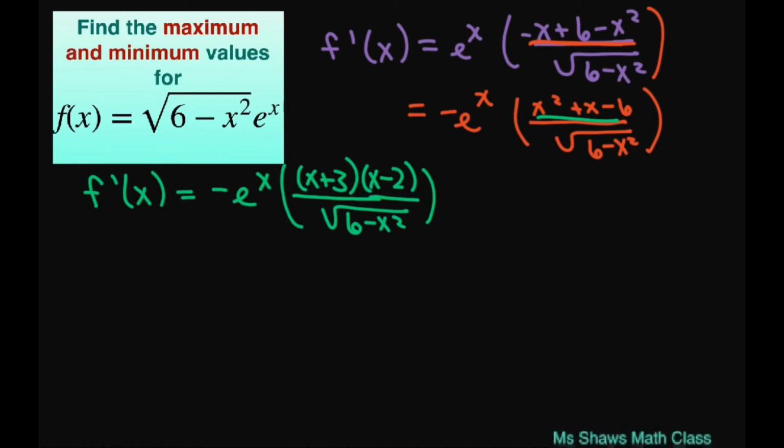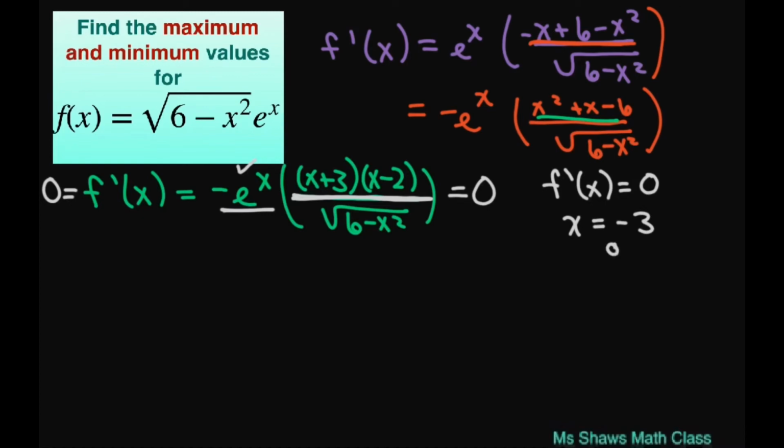Finally, all right, now we can set f prime of x equals 0. You can divide both sides by this e to the power of x, so that part will go away. And then when you cross multiply, what we're doing is just looking at the numerator. So that means when f prime of x equals 0, our x is going to equal negative 3 or x equals 2.